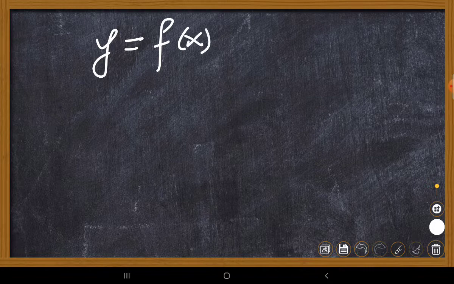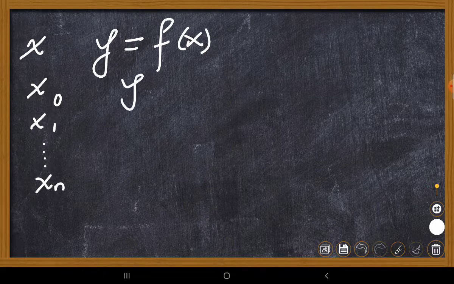So now let us go to those formulas one by one. You have your dependent variable y, you have your function y equal to f(x), and you have your independent variable x, which takes values x0, x1, x2 till xn, and corresponding y values y0, y1, y2, yn.